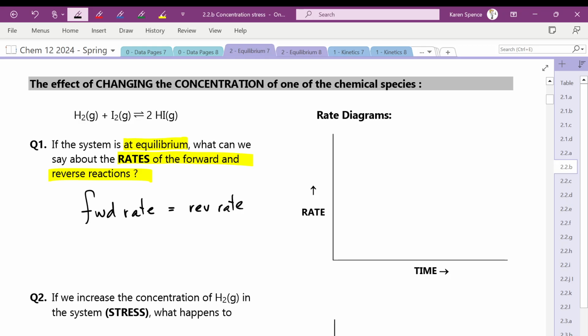So what that's going to look like on our graph is that we are going to have our forward rate and our reverse rate. Here's our forward rate. Here's our reverse rate. And we are at equilibrium.